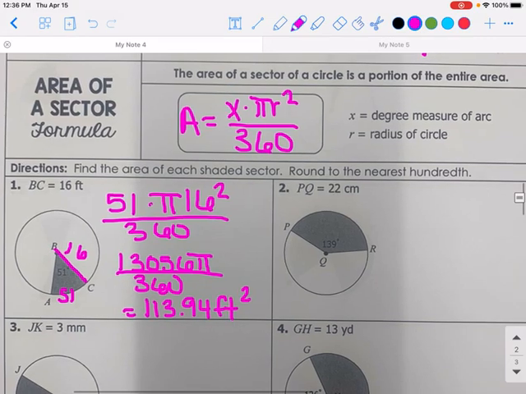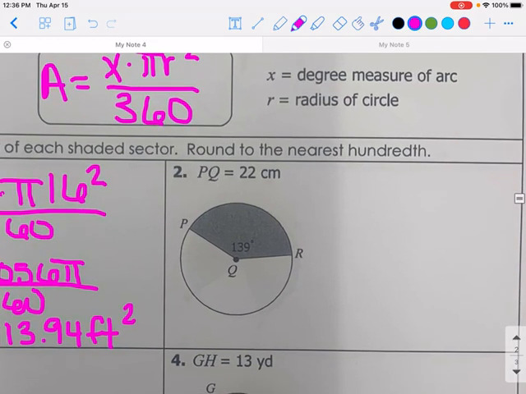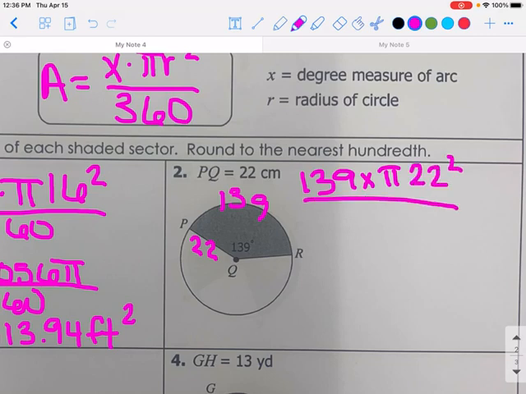Let's look at number 2. They're saying PQ is 22. The angle is 139, so that means the arc is 139. And we're plugging into our formula: arc times the area, pi radius squared, all over 360. 22 squared times 139 is 67,276 pi, all over 360.